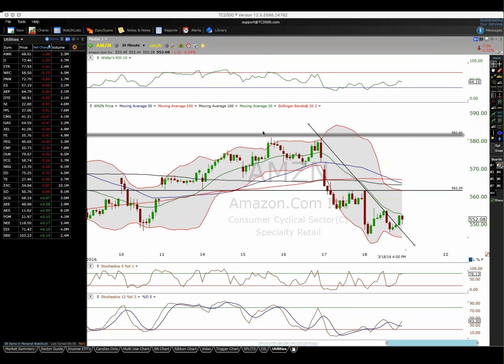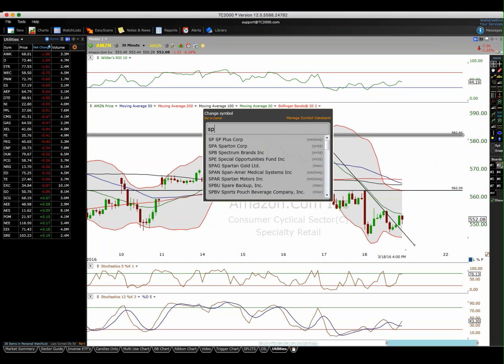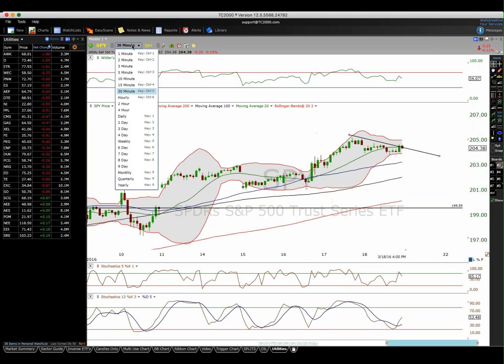But the trend is when you break it on a 30-minute, when you break it on a 15-minute. If you break it on a 15-minute, you're going to break it on a 30-minute. If you break it on a 30-minute and it doesn't break it on the 60-minute, then it was a short-term trade for you. If it breaks it on the 60-minute, now you're looking for the daily to be broken. SPY is in that position right now. So if we look at this real quick and we come down to the 15.